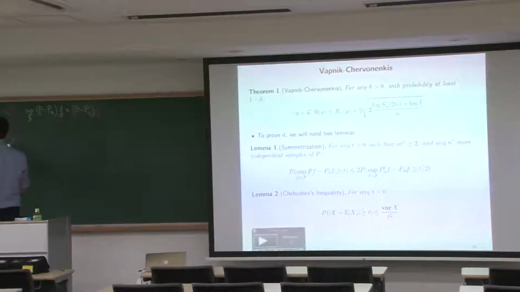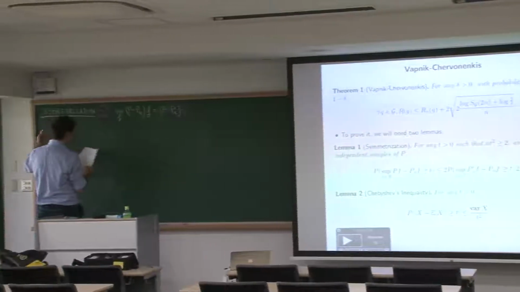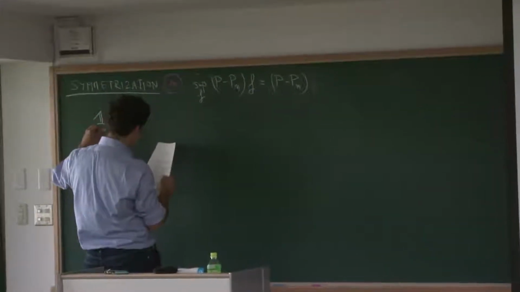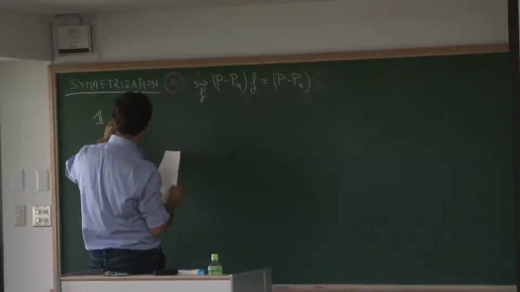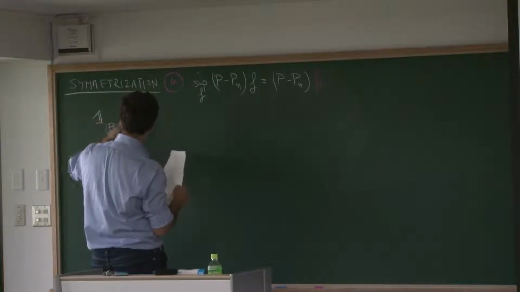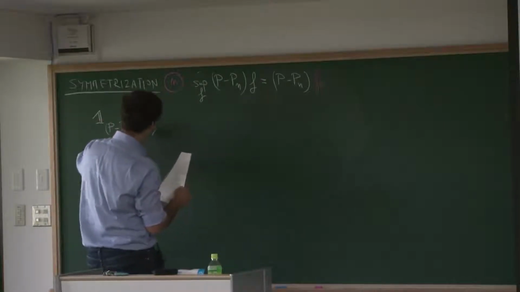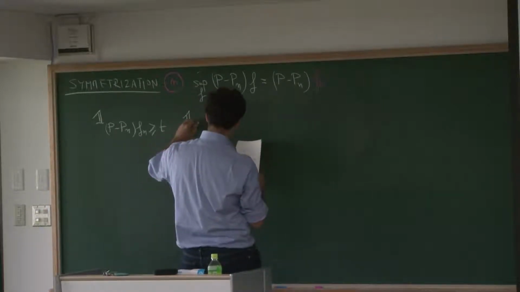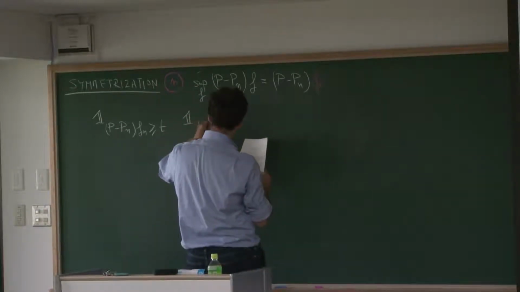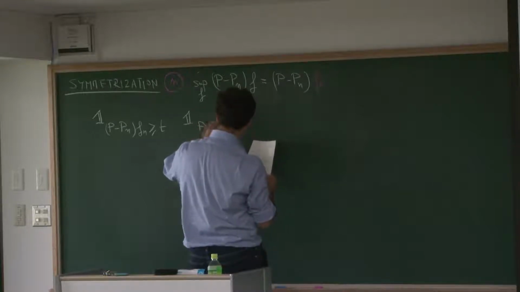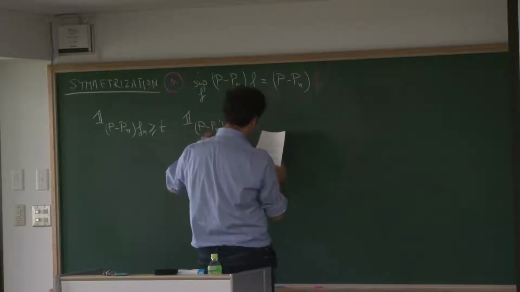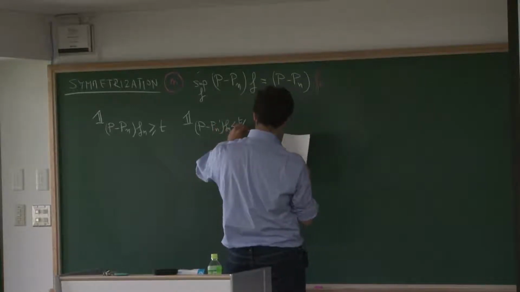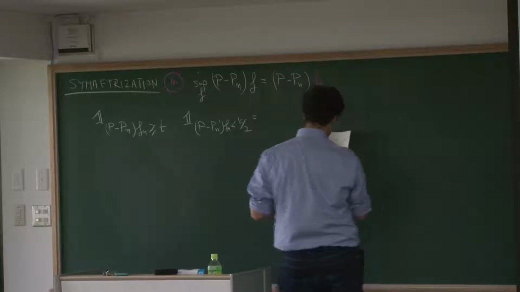So now what we have, in terms of events, is the event that P minus Pn of Fn is bigger than t, times the event that P minus Pn prime of Fn is smaller than t divided by 2.